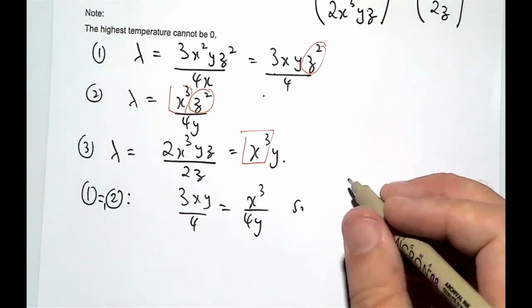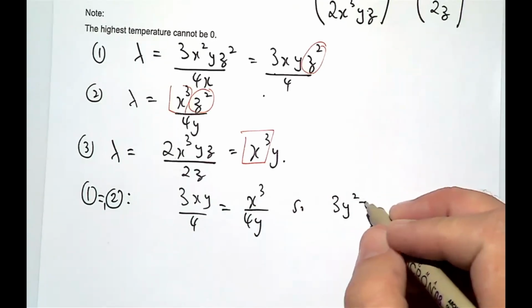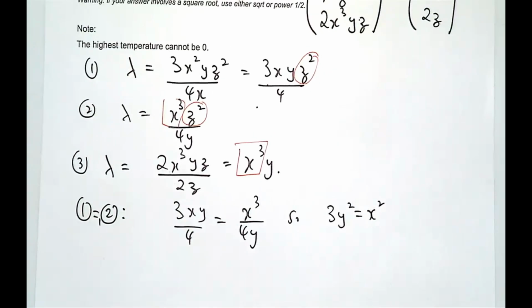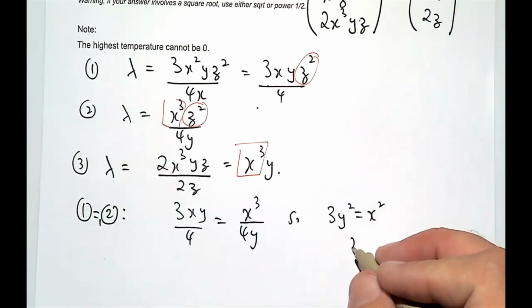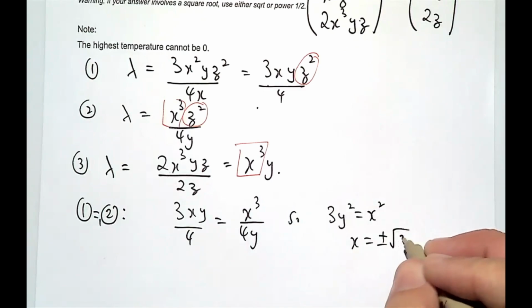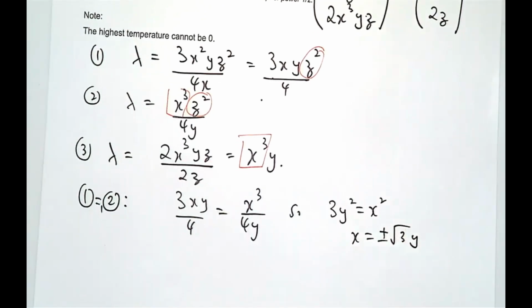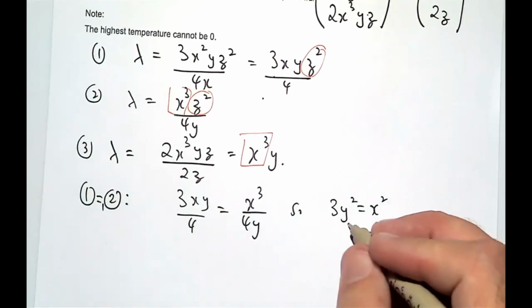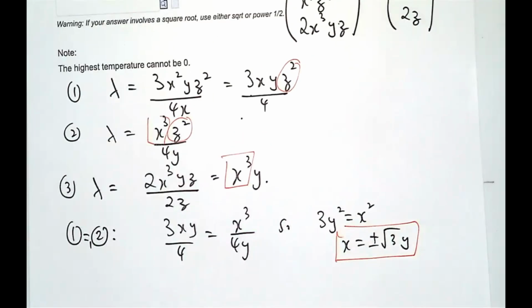So that's a good place to be. So I can rearrange this and say x equals plus or minus the square root of 3 times y. So that's some information. Great.